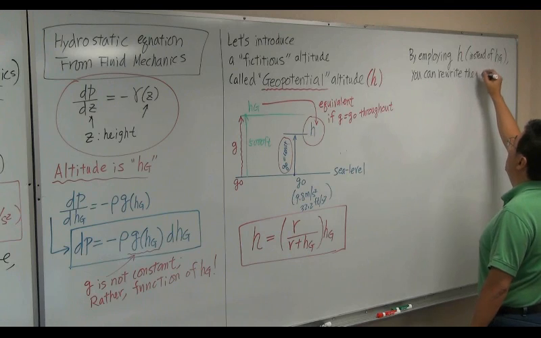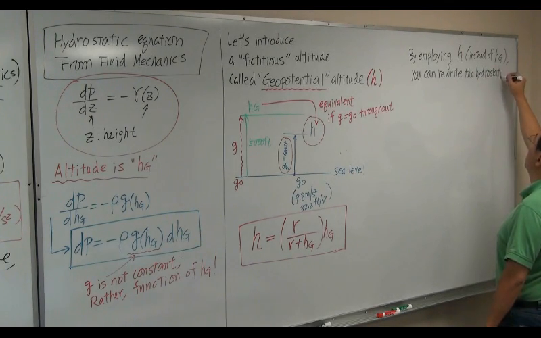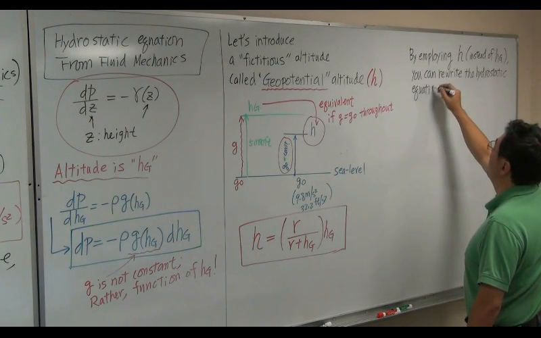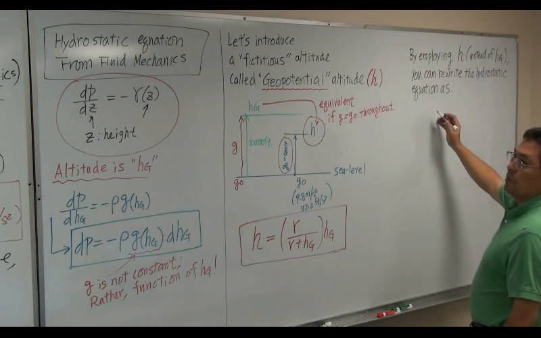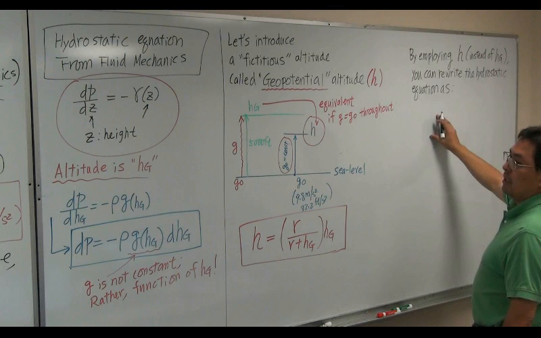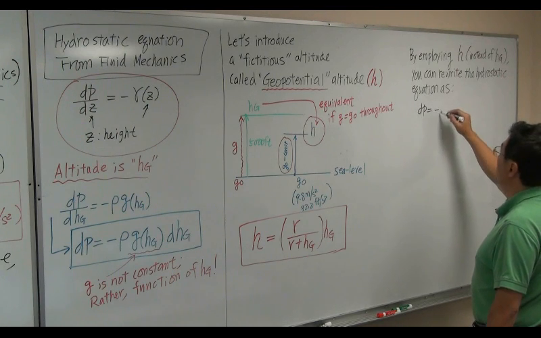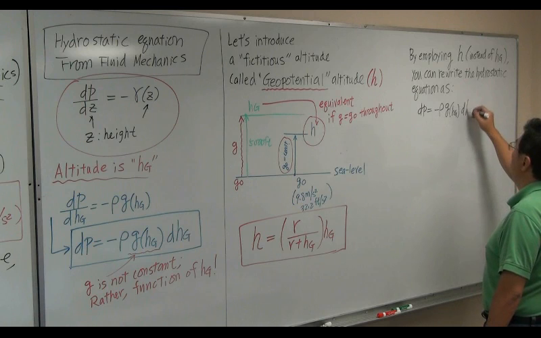You can rewrite the hydrostatic equation. Remember, the original hydrostatic equation was dP is equal to minus rho g, but this g is a function of Hg times dHg.